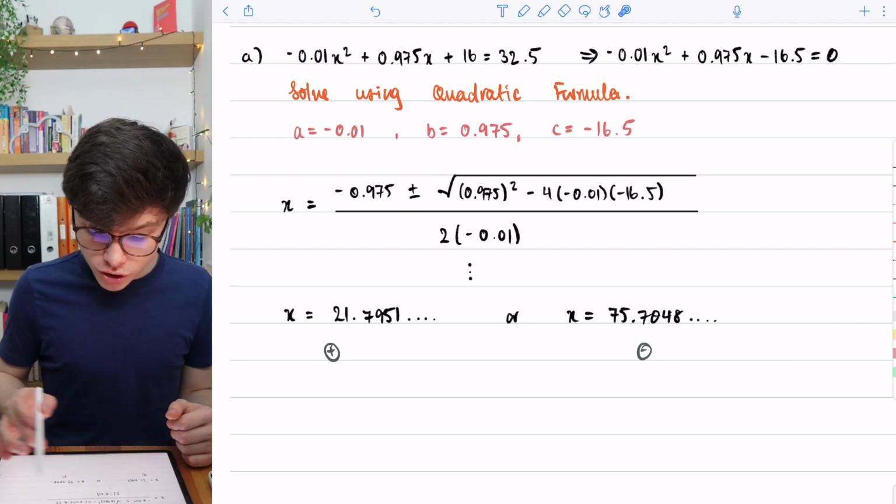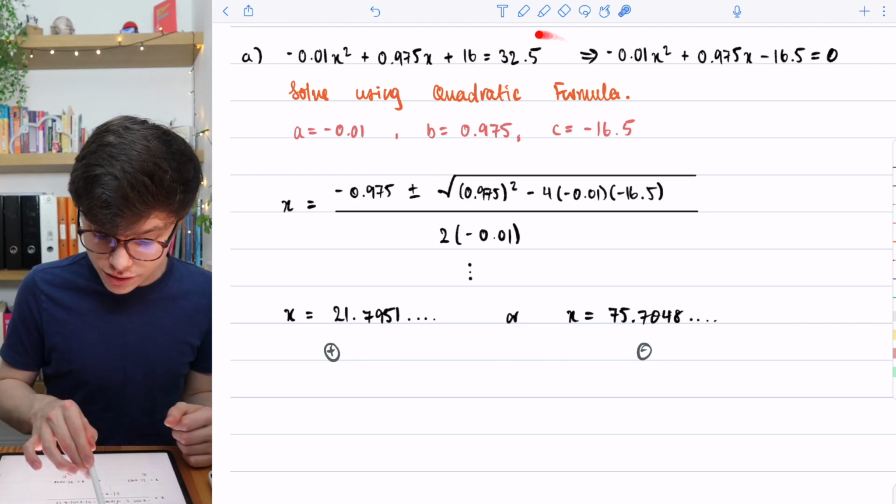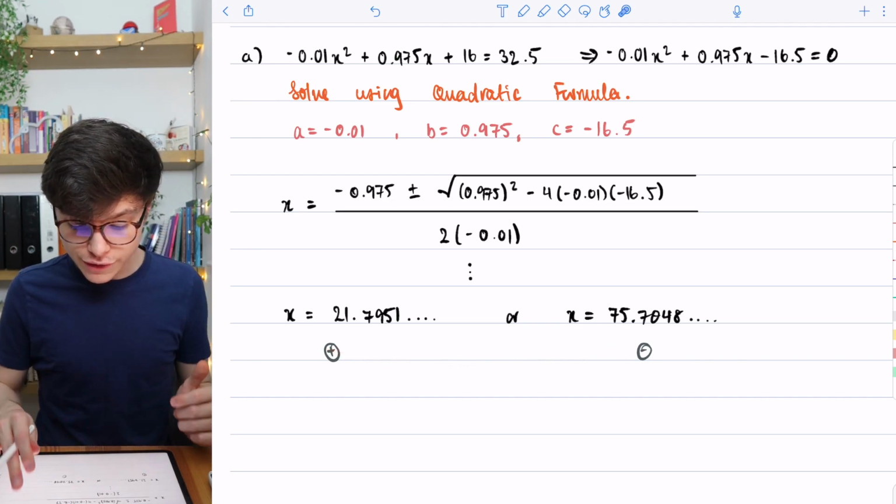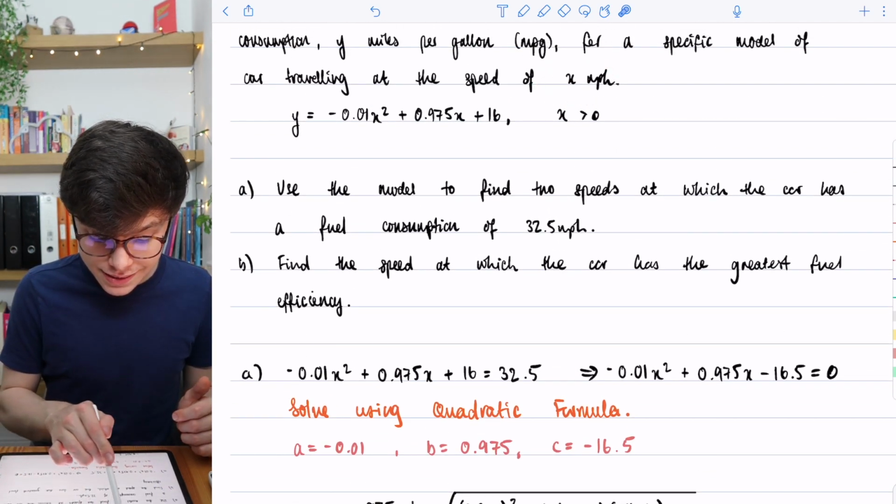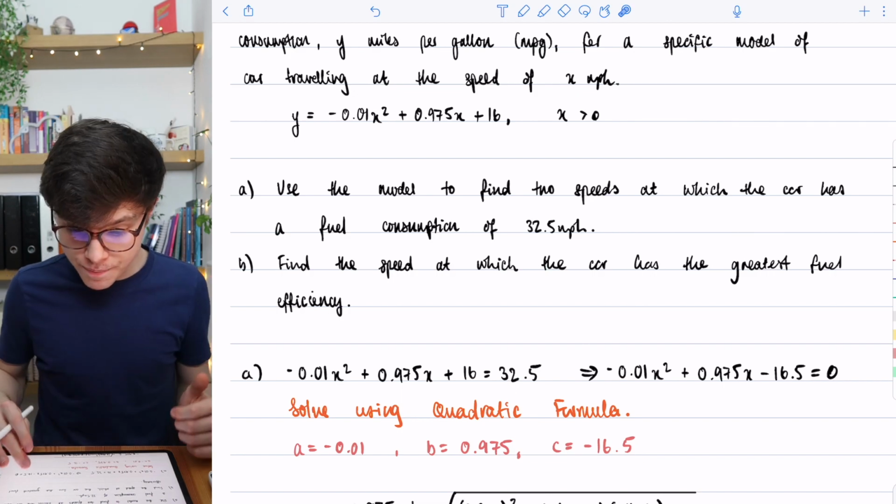Okay, now all we've done is just solve the quadratic when it's equal to 32.5, got two values for x, and remember x is the speed, and so that's our answer.